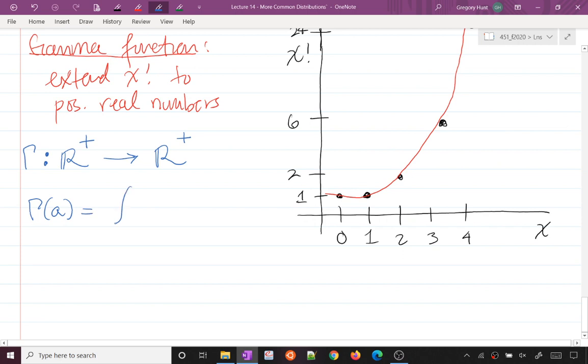It's kind of a wonky definition. It's the integral from 0 to infinity of x to the a minus 1 e to the negative x dx. That's an integral that you can calculate. And I'm going to claim that it does something like what I'm doing here, interpolating through these x factorial values.